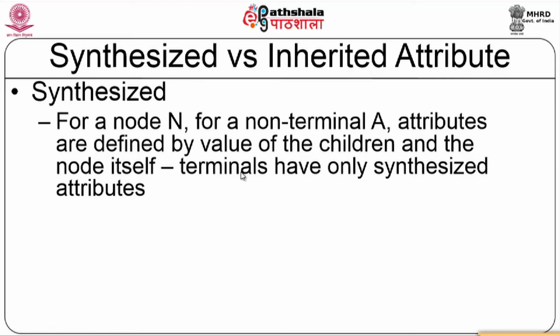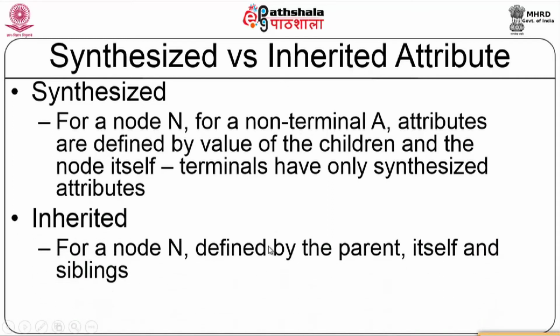Therefore, terminals can have only synthesized attributes. They cannot have inherited attributes at all. On the other hand, for an inherited attribute, if the attribute of a particular node n is defined by the parent, itself or siblings, we will call that attribute an inherited attribute.